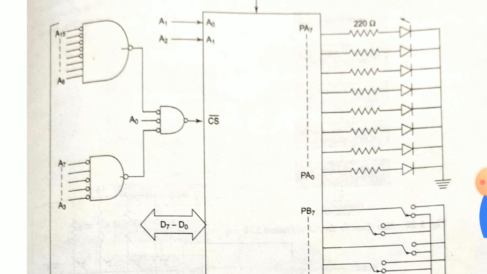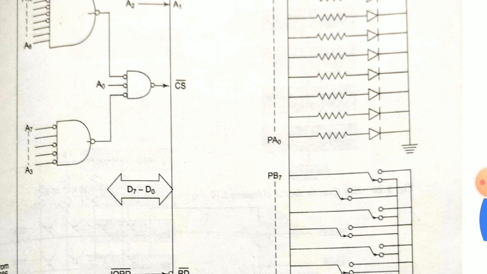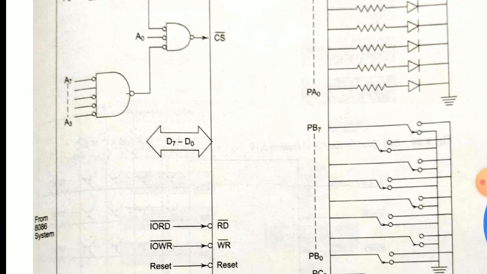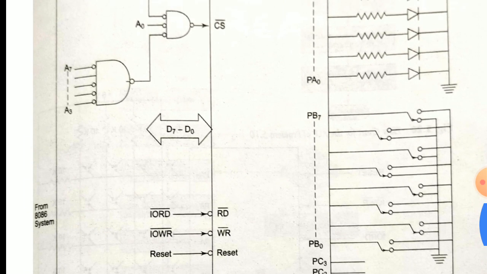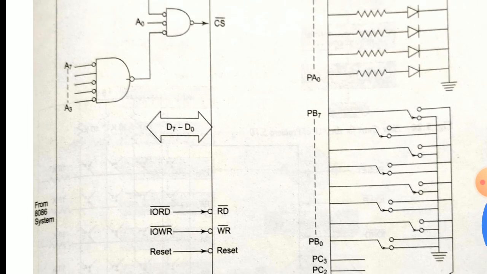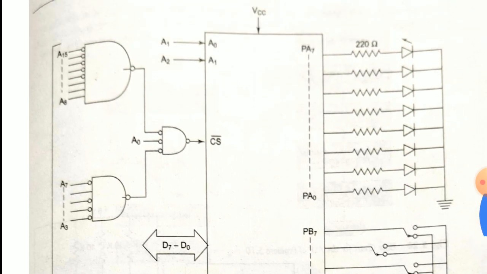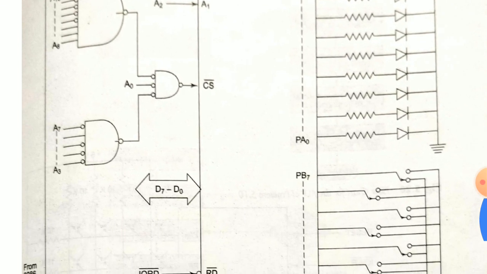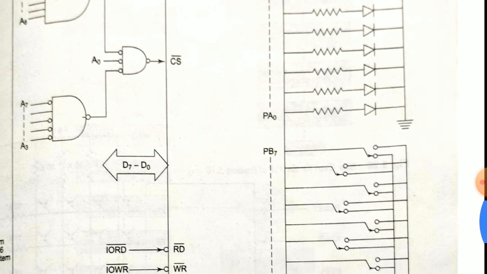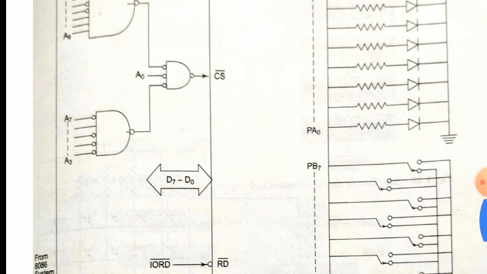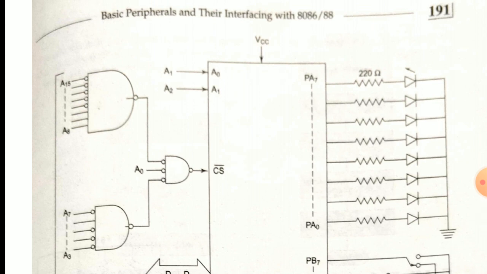Likewise, we interface this 8255 PPI with the 8086 system. The diagram clearly shows the 8255 PPI device interfaced to the 8086 system. And this is the way the 8255 PPI is interfaced with the 8086 processor.